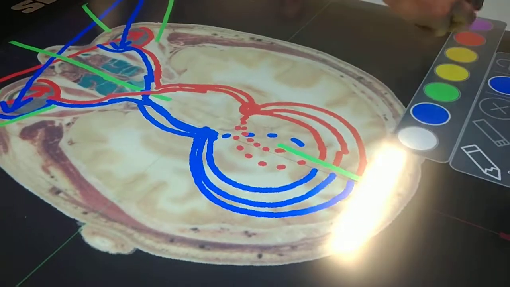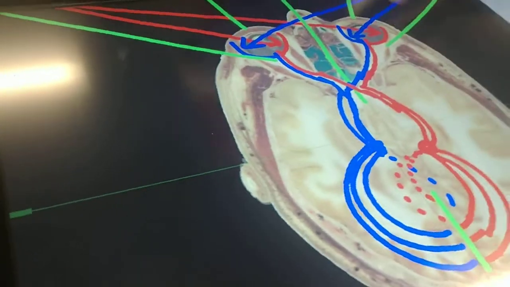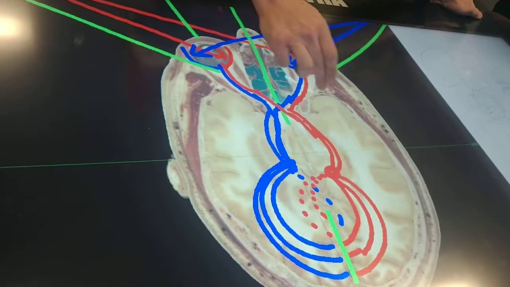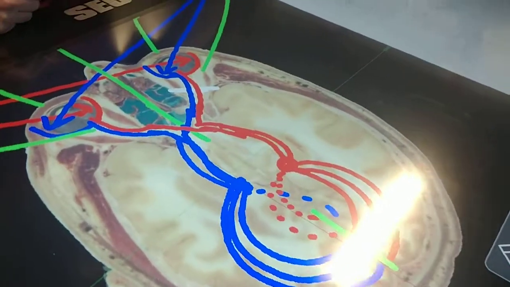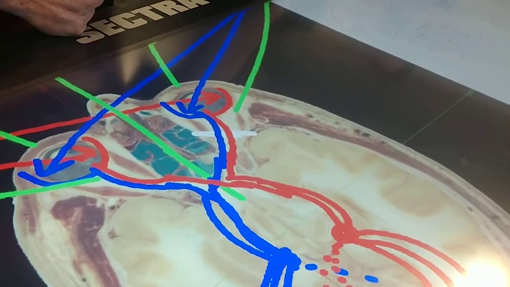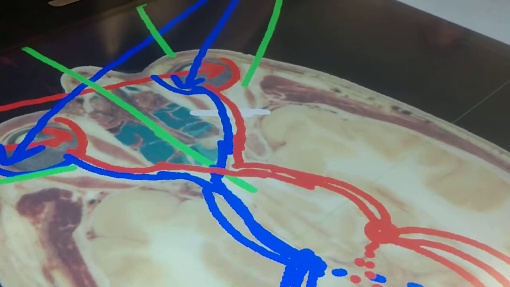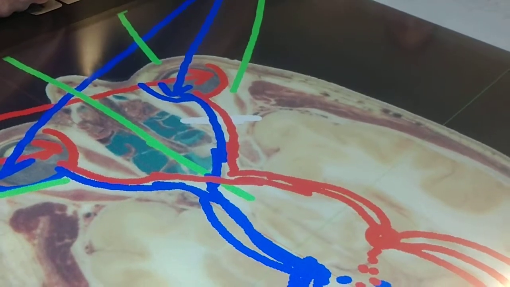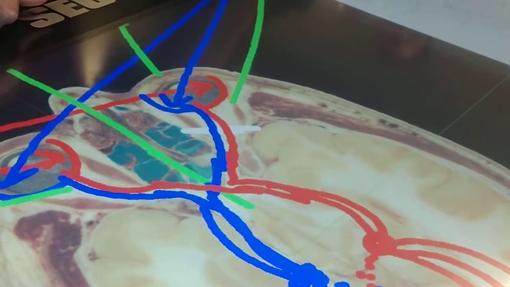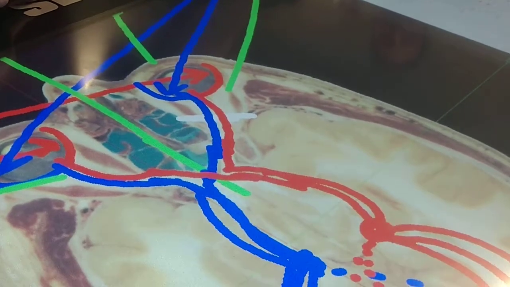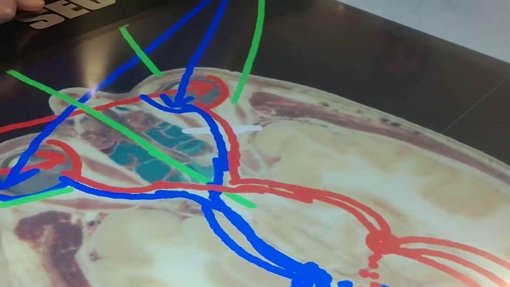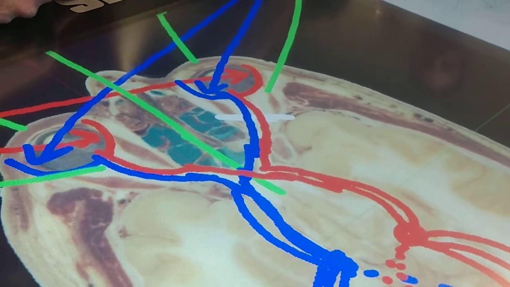So, for example, you have a lesion here in the optic nerve. What happens? You're going to have a unilateral blindness. Loss of sight in the right eye, left eye, sorry. Loss of sight.